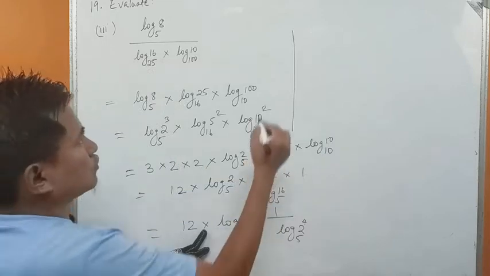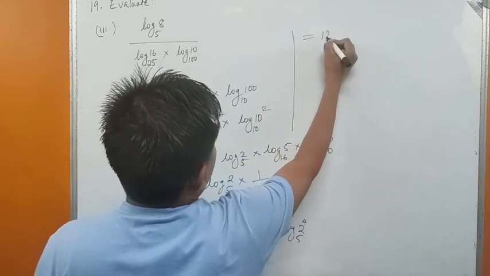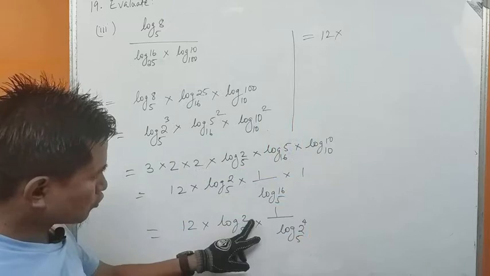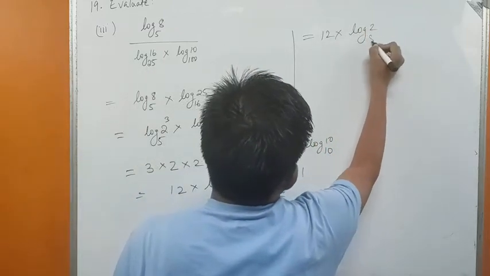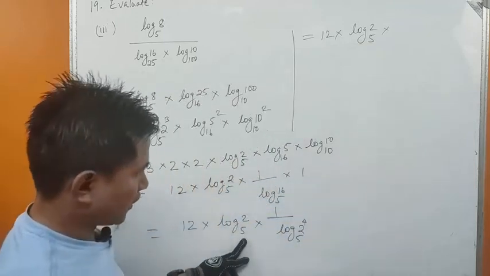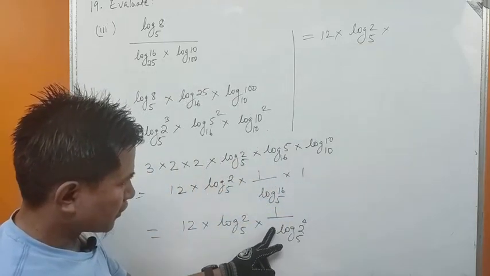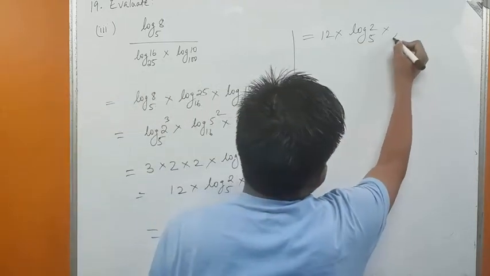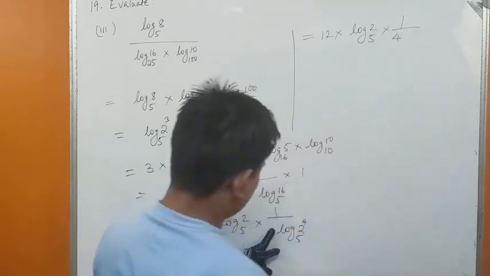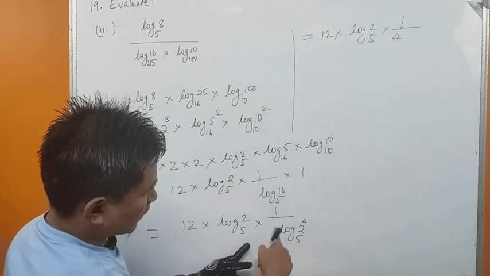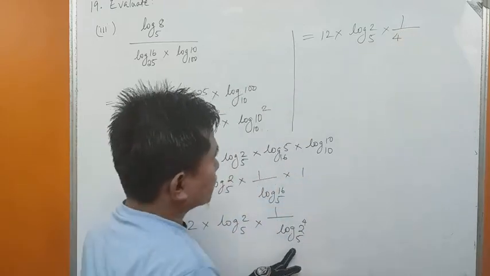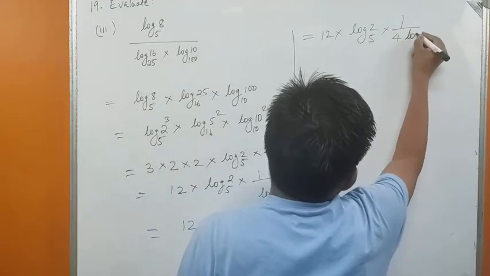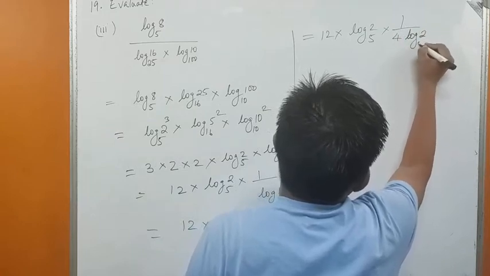So this gives us 12 into log 2 to the base 5, into, okay, this 4 can be written in the front. So 1 upon 4 can be written in the front, 4 log 2 to the base 5, log 2 to the base 5, isn't it?